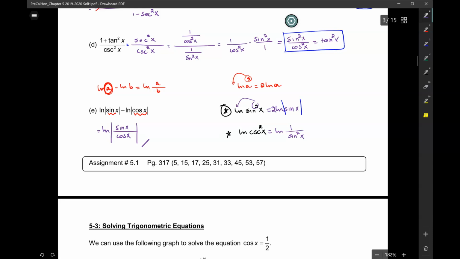Now, we also know that this is the same as if I were to write ln of sine of x to the negative 2, right? Because 1 over something squared is the same as that to the negative 2. So now I can bring that negative 2 down, and this will be negative 2 ln sine x. So you'll encounter that on your homework, I believe.